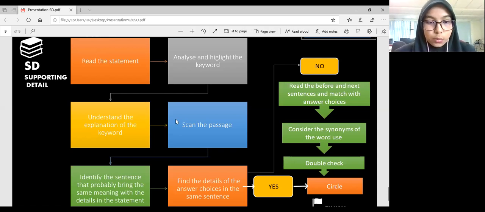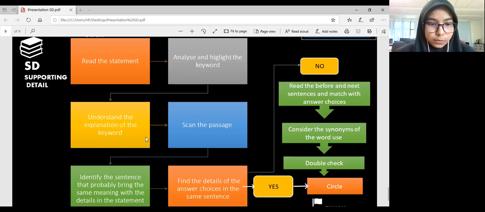Next, we need to scan the passage. To identify the supporting details, usually supporting details come after the main idea, because the function of the supporting details is to support or explain more about the main idea.